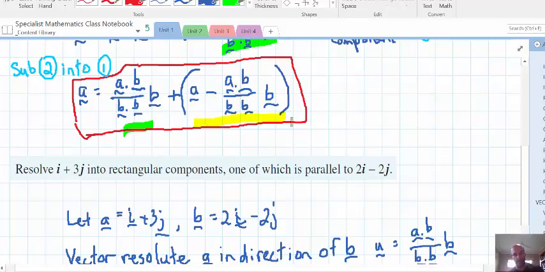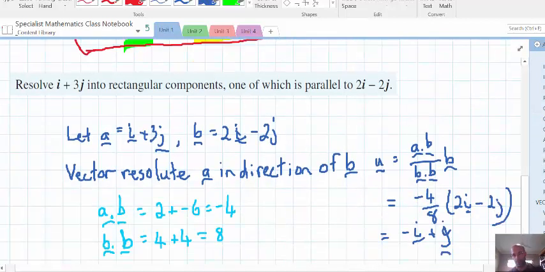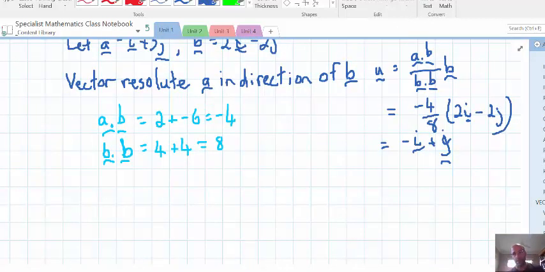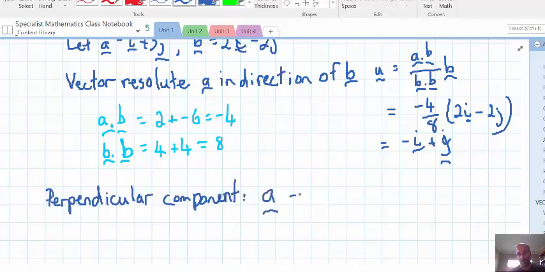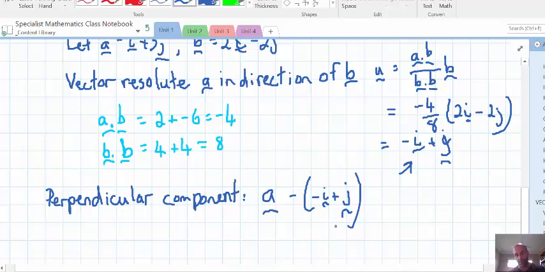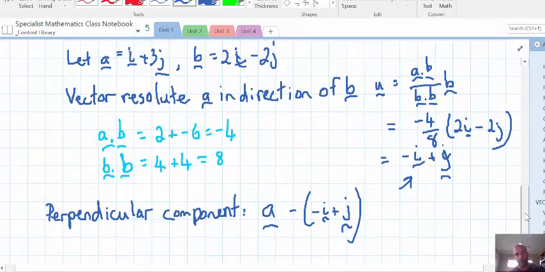Now we've got to find the second part, the perpendicular resolution of it. So the perpendicular component, putting that in, is A take away that resolute, and use brackets I would suggest, so we get our signs right.